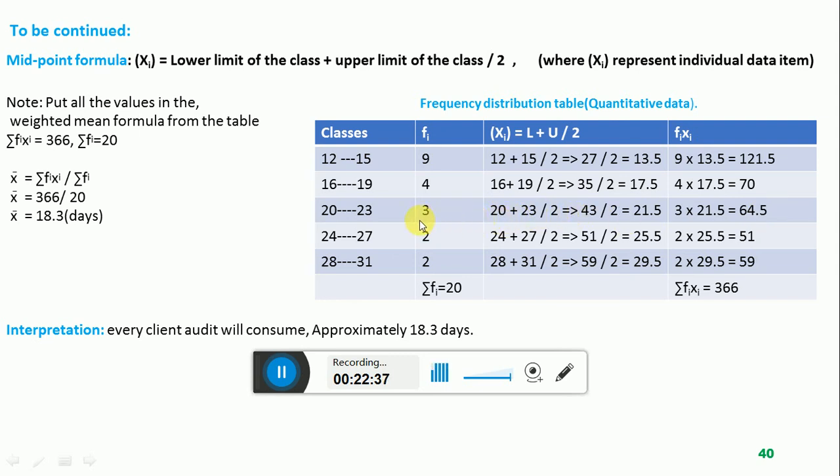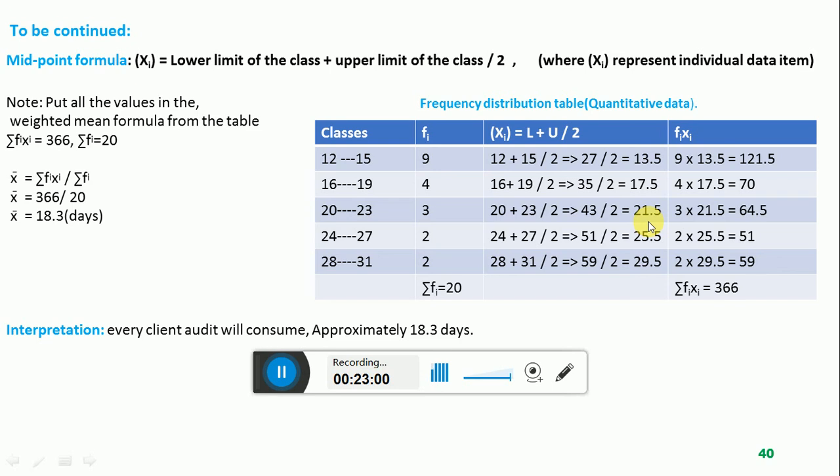Now the weight of the fourth class: frequency 2 and data item 25.5. 2 multiplied by 25.5 is equal to 51. And in this way, students, you can compute the weight of the fifth class by multiplying the frequency 2 with the data item 29.5, and the total weight of the fifth class is 59.